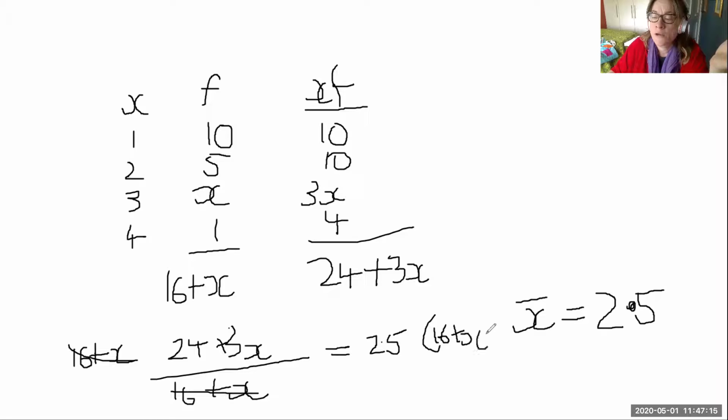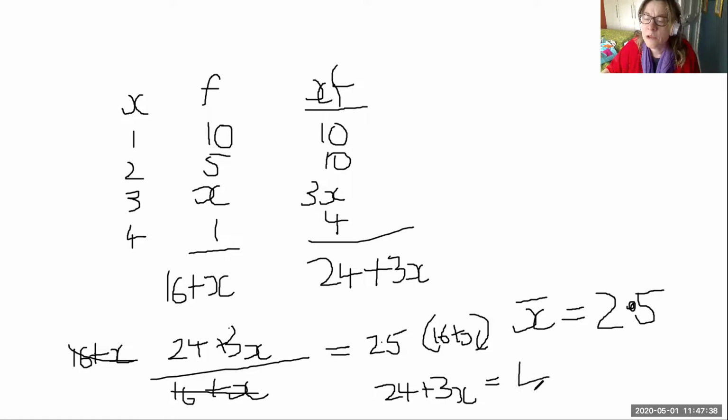Okay, so when I have that all worked out, on the left-hand side, I've got 24 plus 3x. You're going to have to deal with my writing here. I'm using a mouse. Equals, I'll just get the calculator because my head's all over the place. 16 by 2.5 is 40 plus 2.5x.